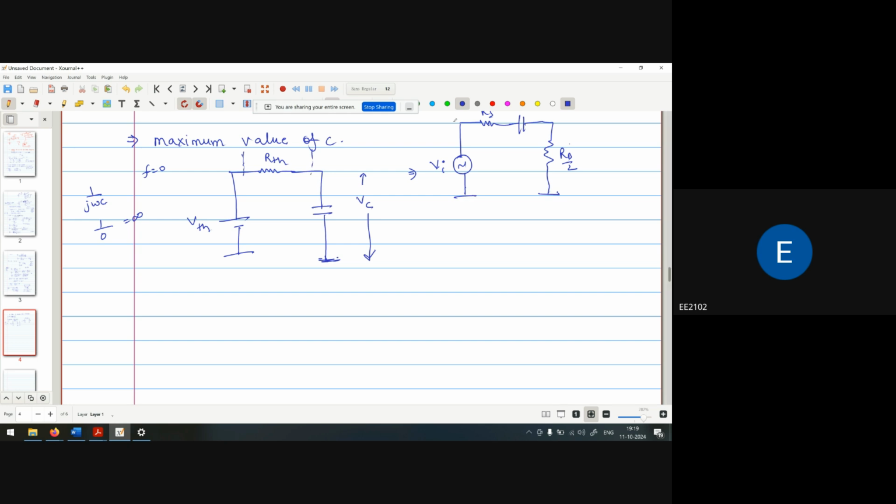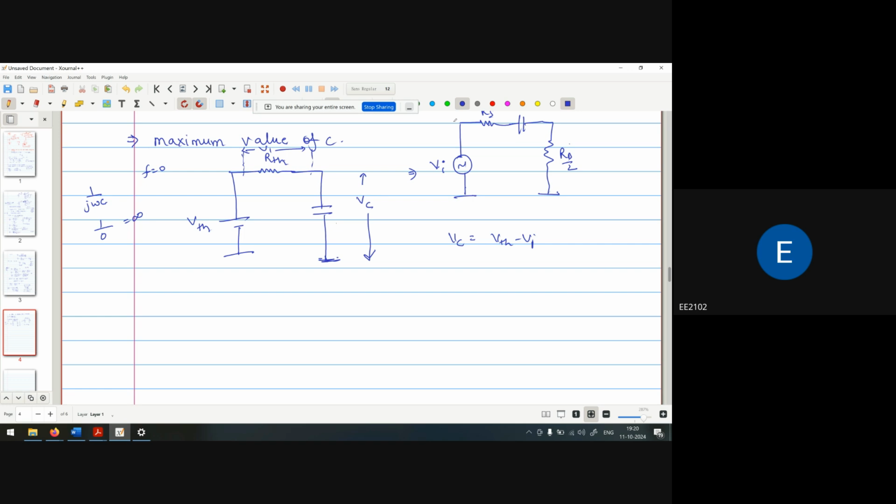The voltage drop across RTH, I say, is V1. So VC is nothing but VTH minus V1, the voltage drop across this one minus the voltage drop across that one.